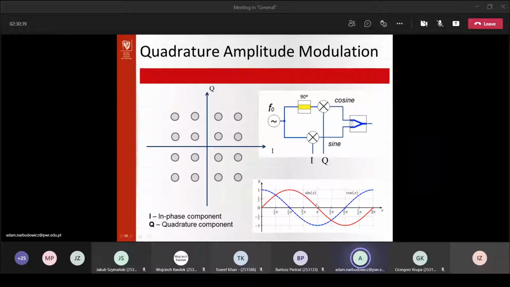And then, in that case, your modulation is very simple. So the I component modulates your sine. So we put just 1 on the I baseband input here, and the Q will be set to 0. So at the output, you get just a sine function with the phase shift of 0, right?